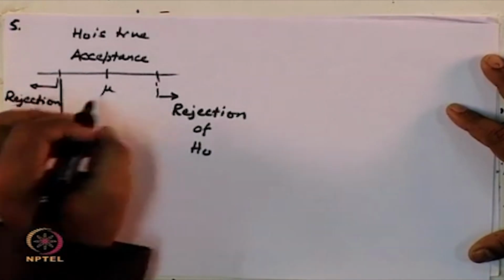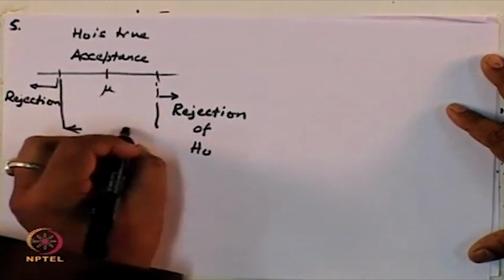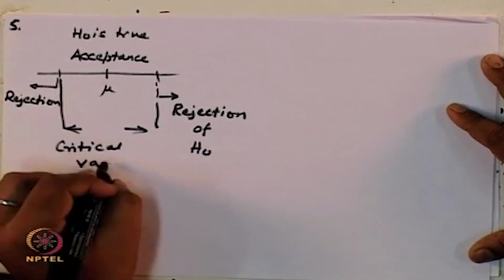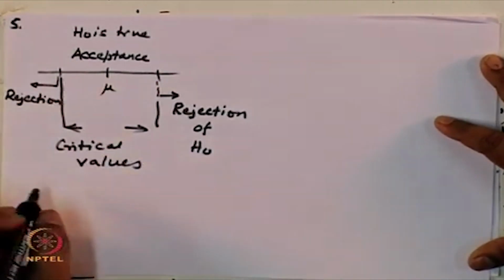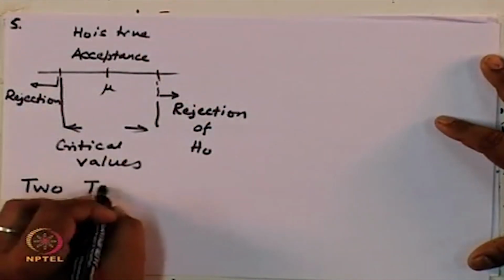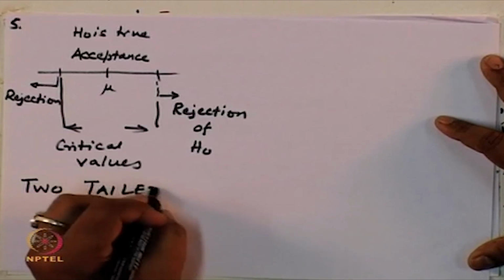These values are referred to as critical values. And this test, because you have 2 zones possible, is called a 2-tailed test of hypothesis.